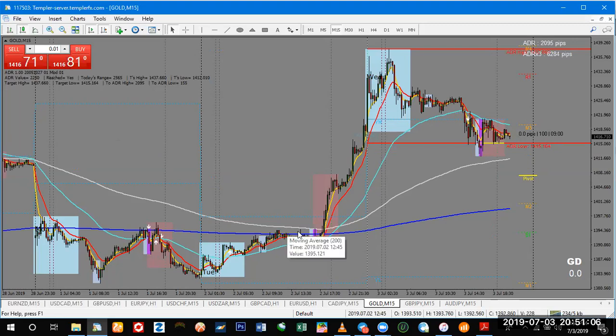So you wait for the price to come to this level, and the close of a candle above the 5 and 13 EMA is your entry confirmation for the ID 50. And here you wait for a close of a candle below the 5 and 13.